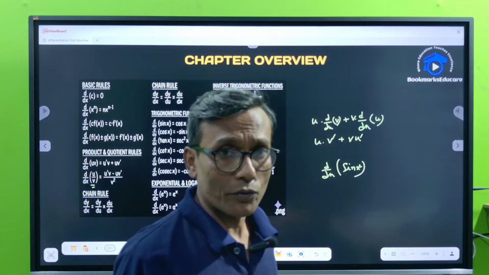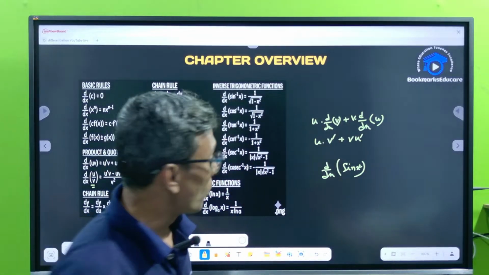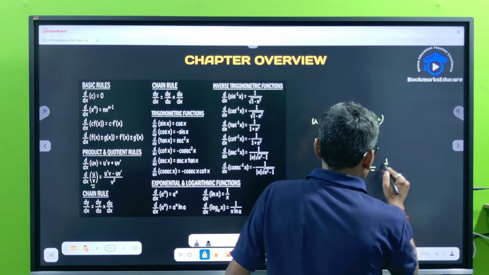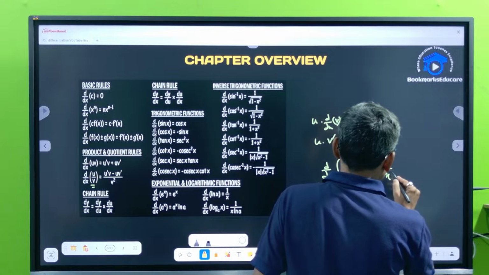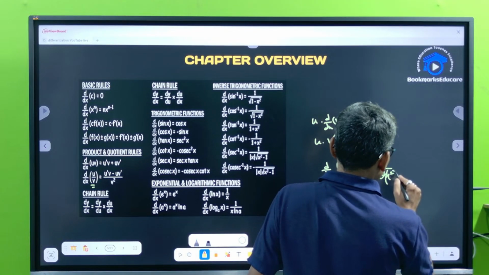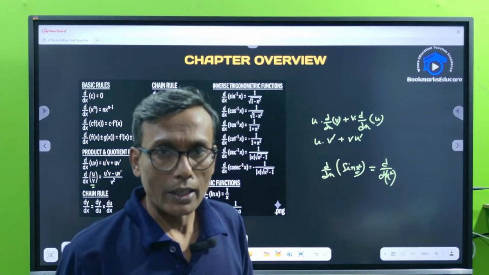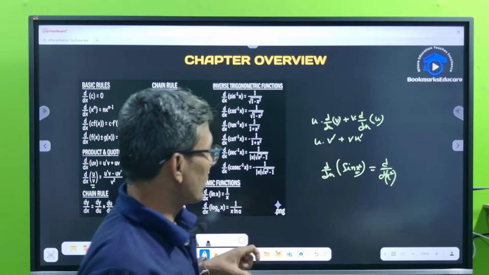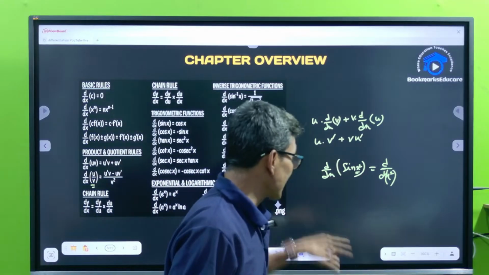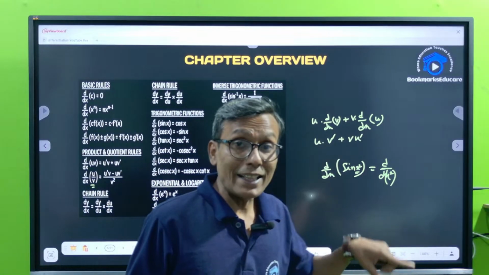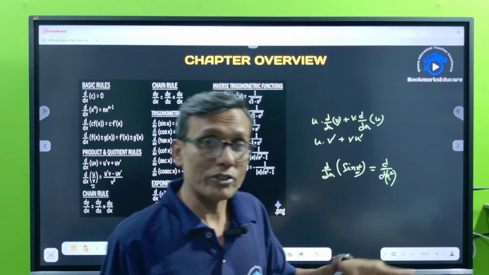We know the standard formula of derivative, that is d/dx of sine x. But in this case, the function is sine of x square, so we have to differentiate sine of x square with respect to x square.